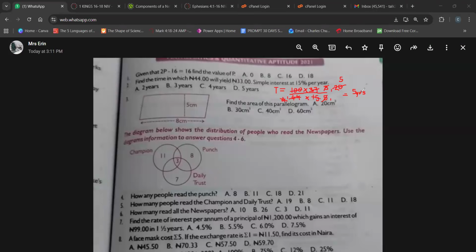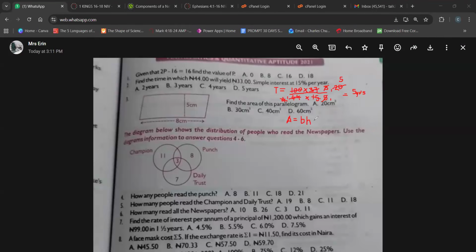Are you sure about that? Yes, sir. This is a parallelogram, not a trapezium. It's not a trapezium. It's very easy. Instead of A times B, it's just B times H. That's all.